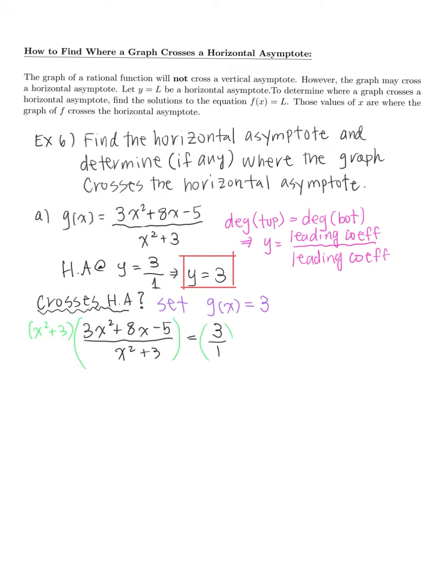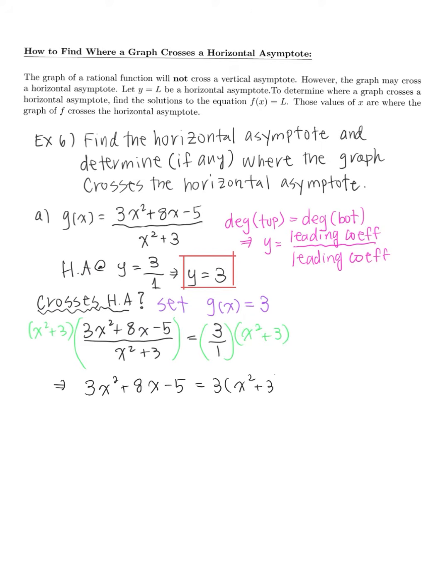Then do you see that this x squared plus 3 and the denominator are going to cancel each other out? So we're just left with 3x squared plus 8x minus 5 equals 3 times x squared plus 3.